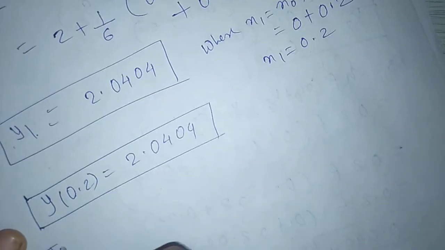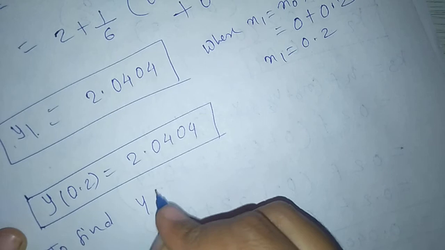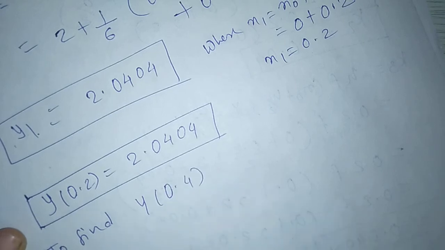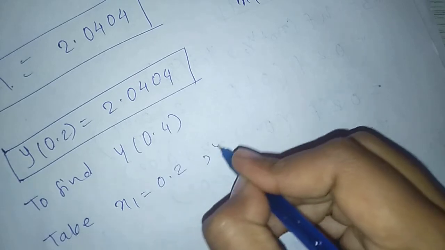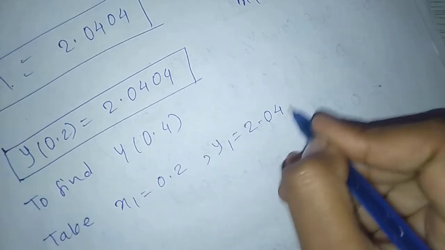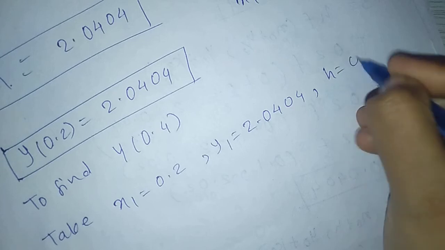Now to find y of 0.4, take x1 equal to 0.2, y1 equal to 2.0404 and h equal to 0.2.